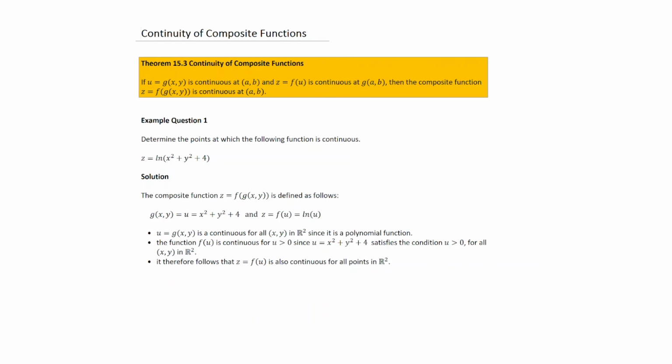But u is equal to x squared plus y squared plus 4, and no matter what values of x and y you put in there, the value of u will always be greater than 0. In fact, it'll be greater than or equal to 4. And therefore, because both conditions are satisfied, that means z equals f of u is also continuous for all points in the real 2D plane.